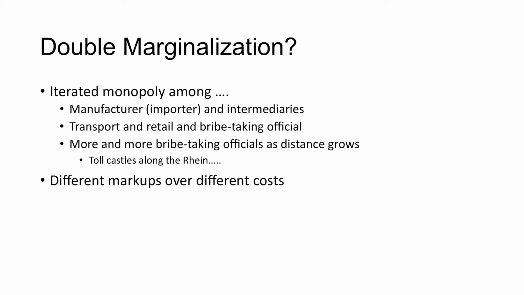Who's in this entity? It's the distributing wholesalers, it's the trucking companies, it's the bribe-taking officials, and it's the retailers. So it's an extremely efficient kleptocracy, right? I mean, it's documented that it's a big kleptocracy. We have these gigantic cost differences.